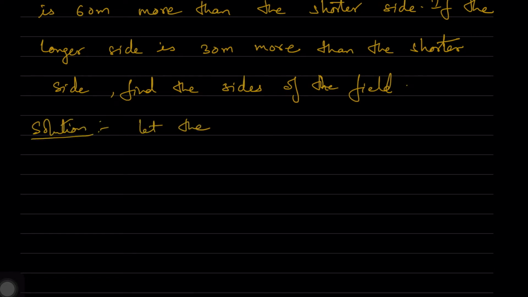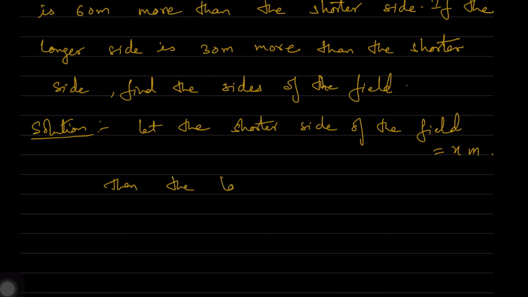Let the shorter side of the field be equal to x meters, then the longer side of the field is equal to x plus 30 meters.